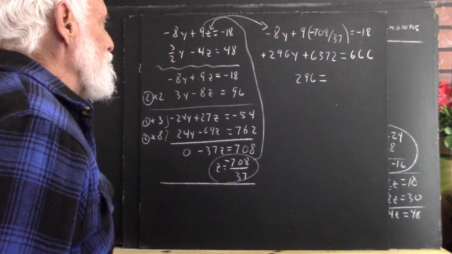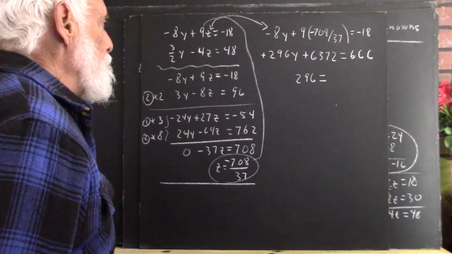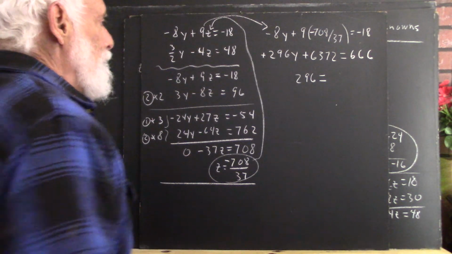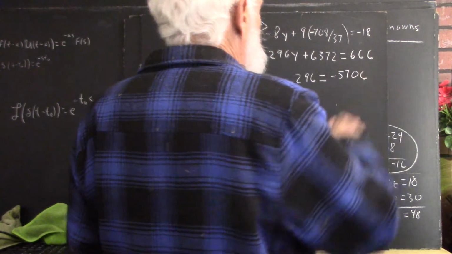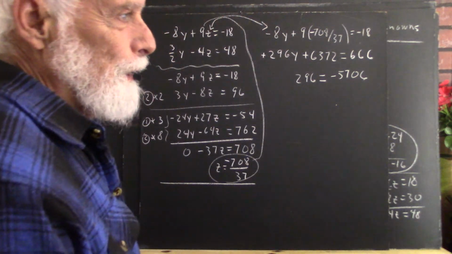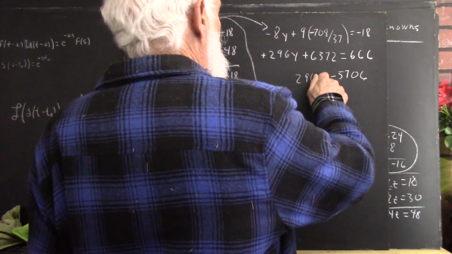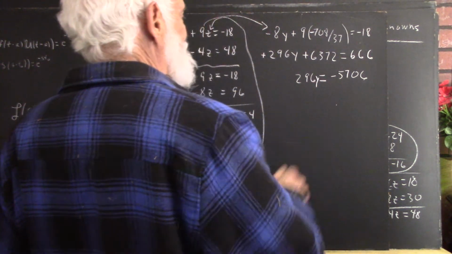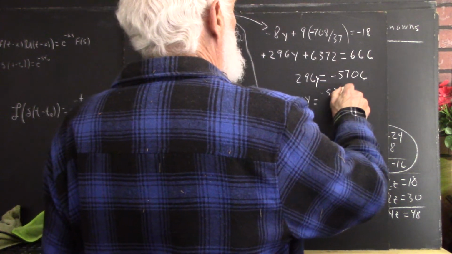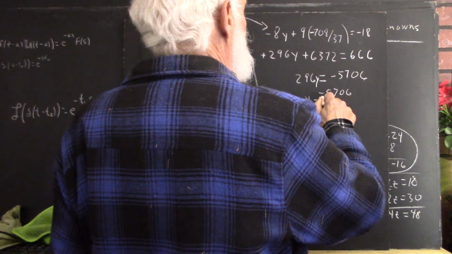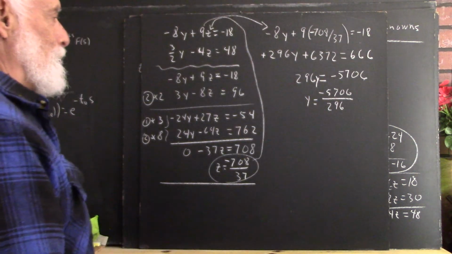If I subtract 600, I get 5772, 5712, 5706. Maybe it's negative 5706. I'm getting less and less confident. And of course there's a y here. Okay, so that y equals negative 5706 divided by 296. Well, that's progress.